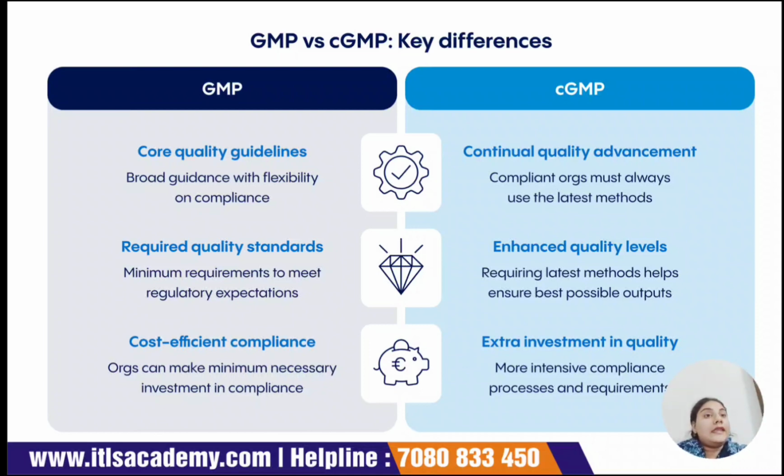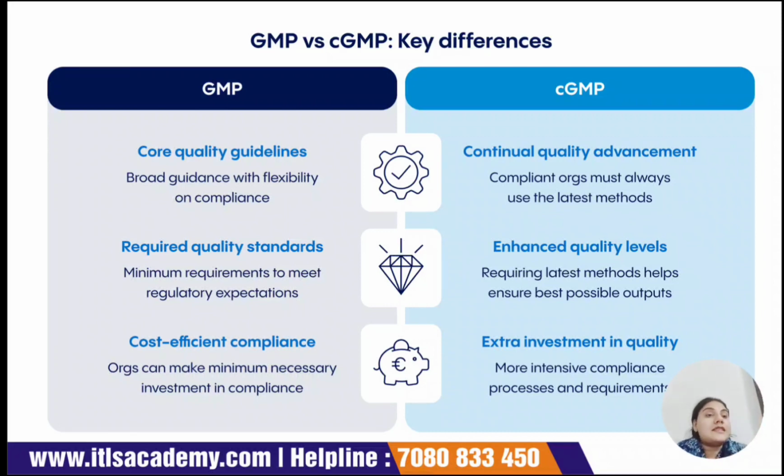In this there is extra investment in the quality. As you can see, if cost is concerned, GMPs are quite cost effective, whereas CGMPs have a higher cost. Why? Again, because of the latest technologies used in any pharmaceutical industry.